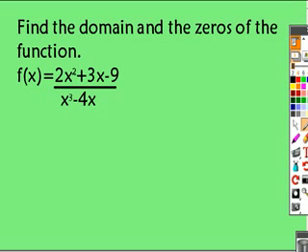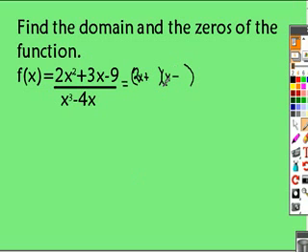Do the same thing here. We want to factor the numerator and denominator completely. Your numerator does not have a GCF. So if we do trial and error, we know that 1 is plus, 1 is minus. Let's try to figure it out without the tic-tac-toe chart. 2x and x.